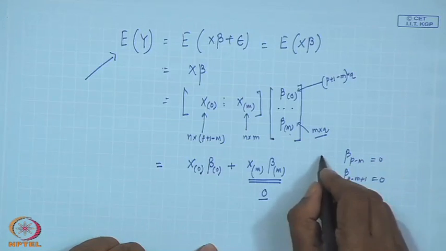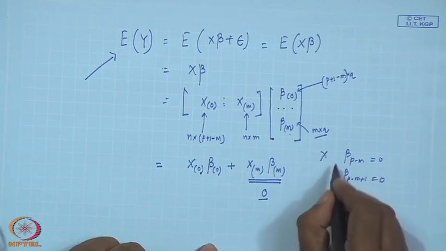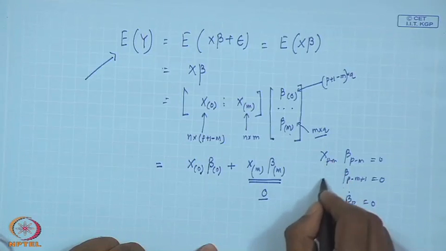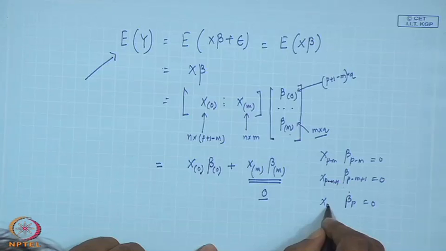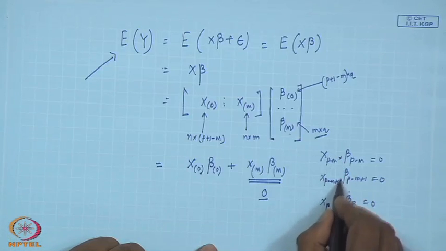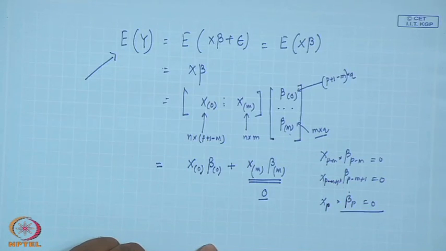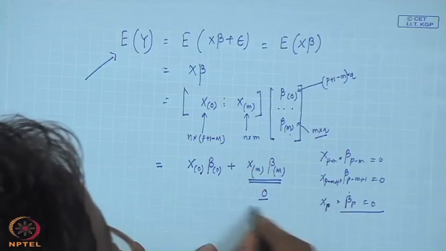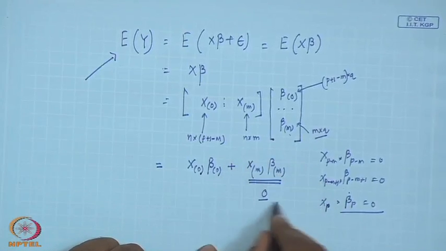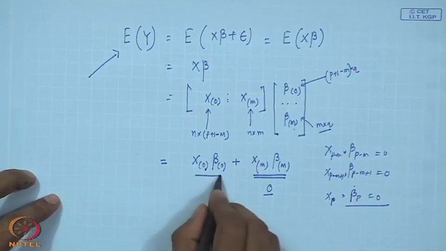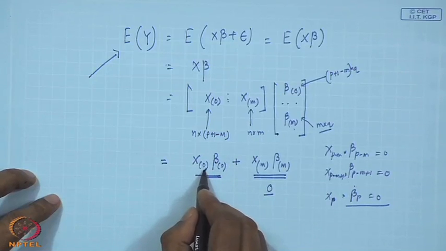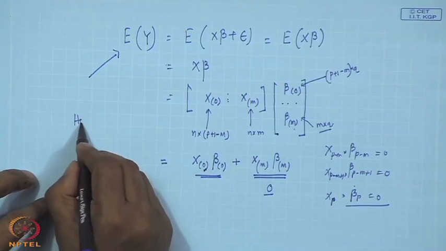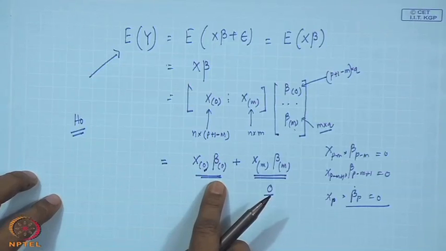When you multiply this with x P minus m plus 1 up to x P, this resultant quantity also becomes 0. We are using 0 to denote that under H0 this is the situation.